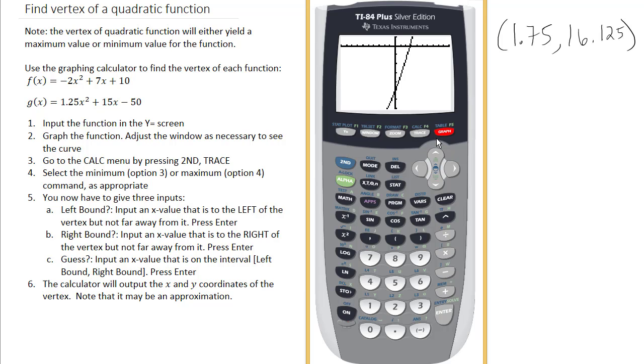Now this is a better graph. I see more of the curve, but it looks like I need to change the y minimum even more, and I'll also need to change the x minimum. I need to see more to the left, and more to the bottom. So let's change the x minimum to, how about negative 20, and the y minimum to negative 120, and let's see if that gives us a good picture.